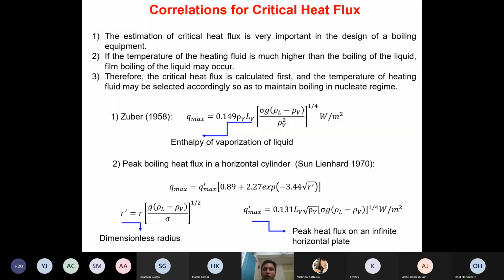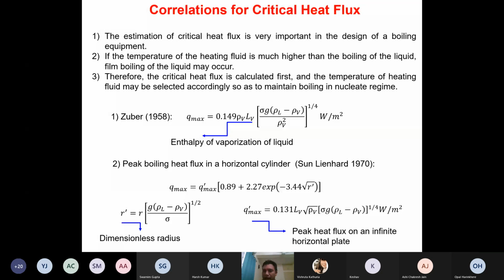So therefore, the correlations of the critical heat flux are going to enable us to know whether we are in the nucleate boiling regime.